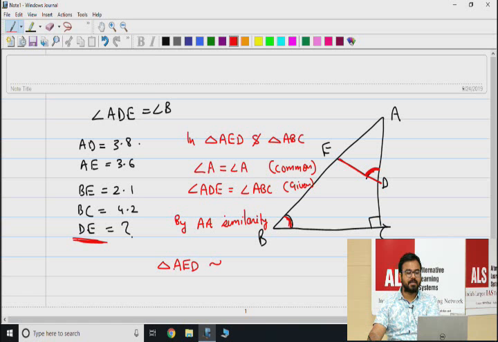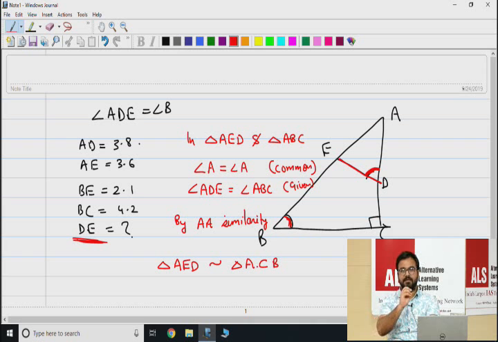I used the letter A first, and angle A is also equal to angle A, so the name of the second triangle ABC will also start with A. Now it is E, and we have no information about E, but in AED we know angle D, and angle D is equal to angle B. D is last, so B will be last. So it will be ACB. So A and A correspond, D and B correspond. Similarly, angle E and angle C will be equal.